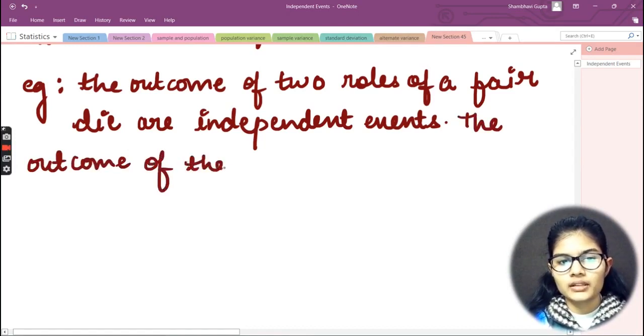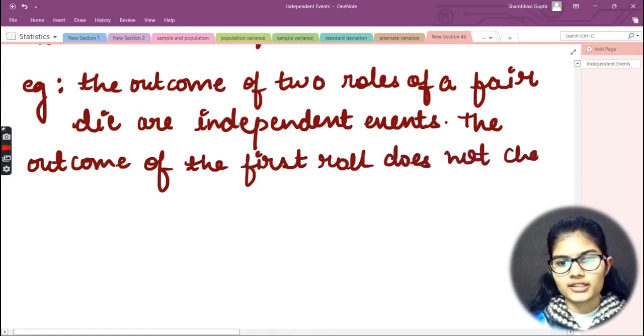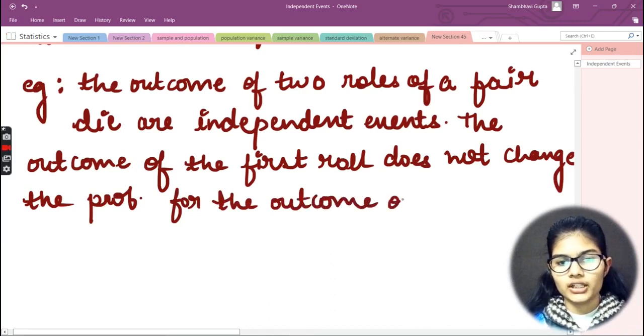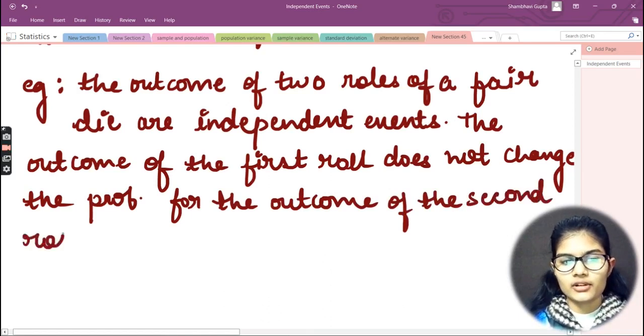So the outcome of the first roll does not change the probability for the outcome of the second roll. I am simply writing this as it actually refers to probability only. Make sure to remember that.